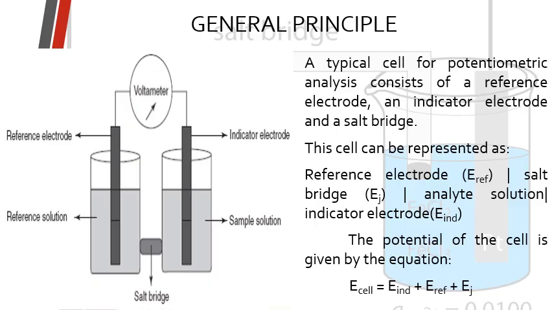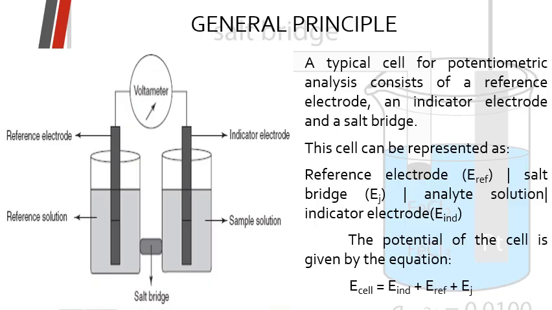The electromotive force, EMF, of the complete cell, that is the E cell, is given by the following equation. E cell, as I said, equals E reference plus E indicator plus E junction. E meaning the electromotive force of the reference and the electromotive force of the indicator electrode, and the unit of the potential is millivolts, denoted by mV.